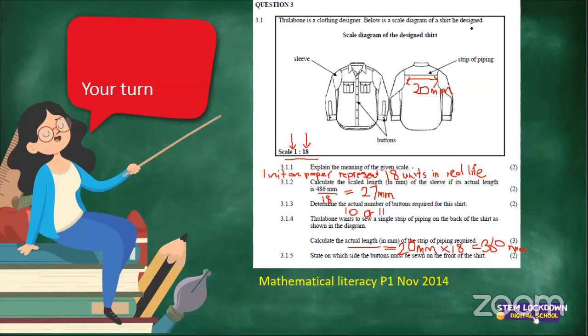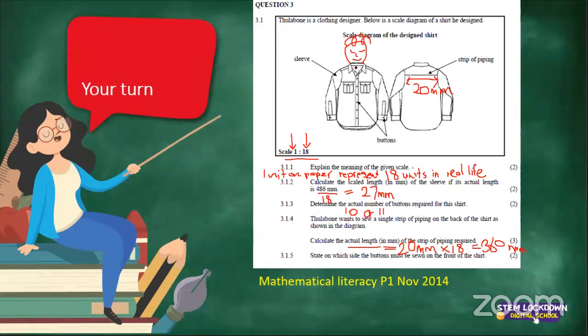Okay, see, some are saying left. I think they must be sewn on the right, right? Remember, if this is your head, you looking pretty, and handsome if you're a gentleman, right?